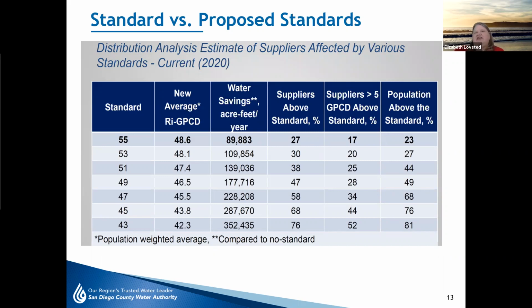I mean, you already have savings with that 50 gallons per capita per day in 2030. Is it really worth it to go down to 42 and save that extra water? And what is the cost, not only to agencies that have to meet that standard, but to recycled water systems and wastewater systems and water systems? Next slide, please.